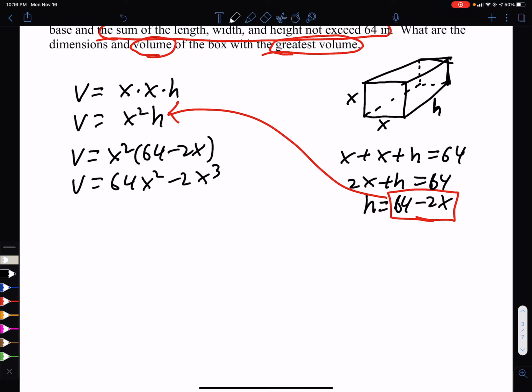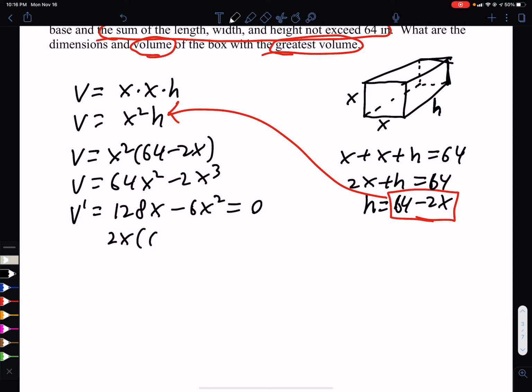All right, so I need to find critical points, so I take the derivative, 128x minus 6x squared. I want to set that equal to 0. I'm going to factor out an x and a 2x, I believe.